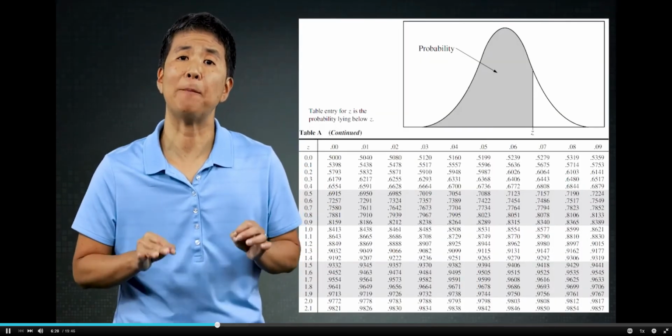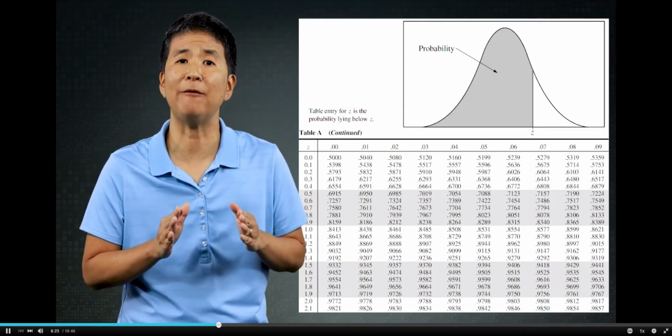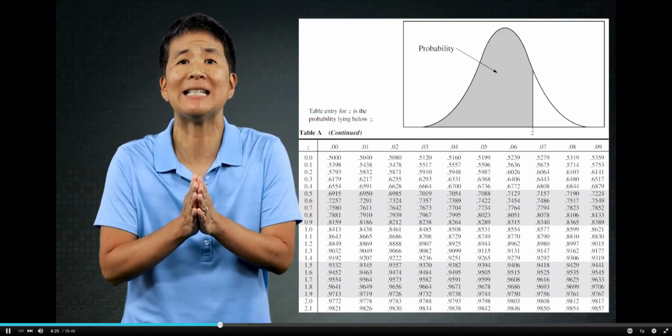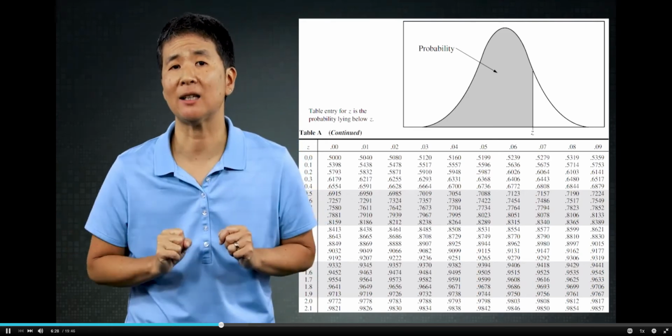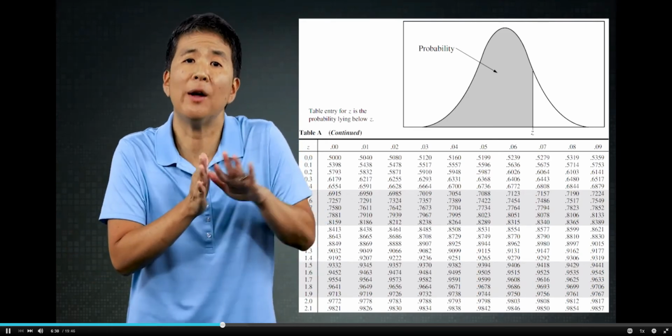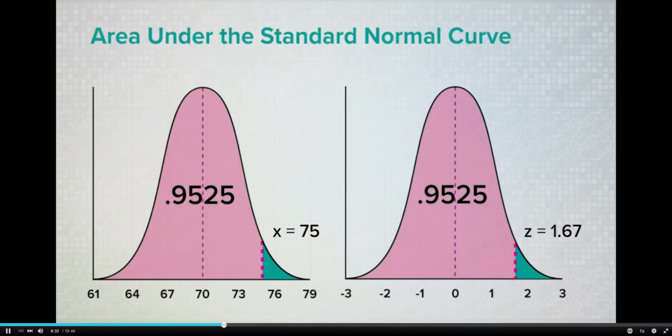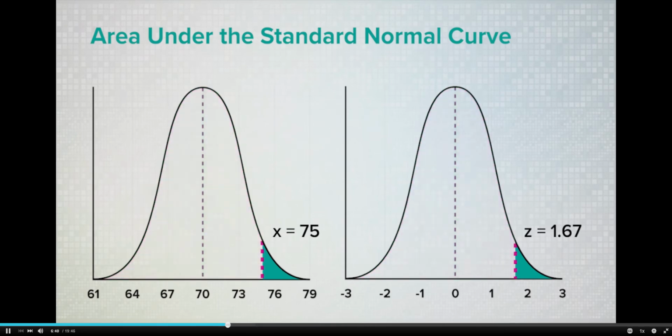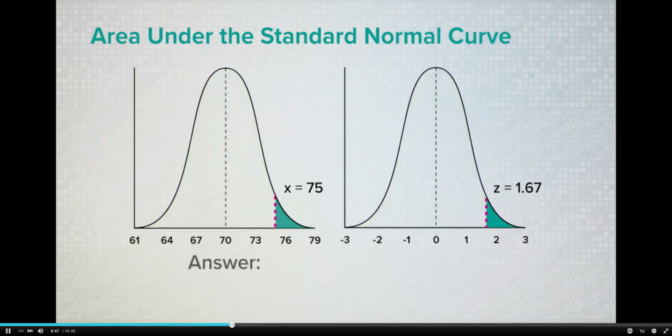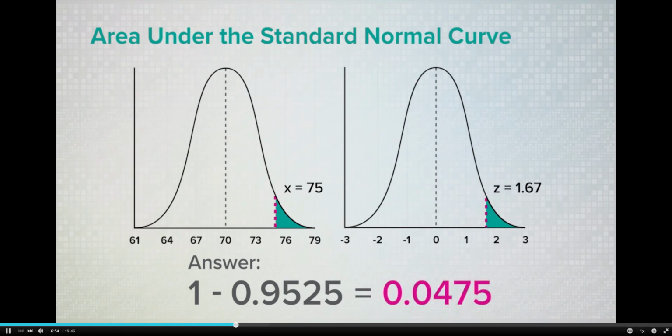Whenever you look something up on the table, it always gives you the value from your value down. Sometimes that's exactly what you want. Sometimes you want the other part of the curve. In this case, I don't want 0.9525. I want the other part of the curve. You know what that is because the area underneath the entire curve is 1. So if I want the blue area, I want 1 minus 0.9525, which is 0.0475.